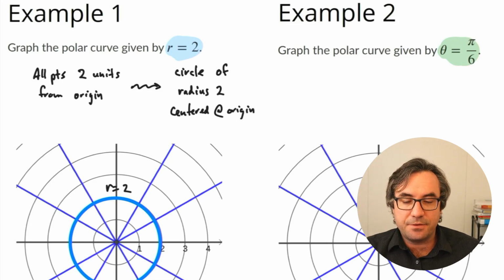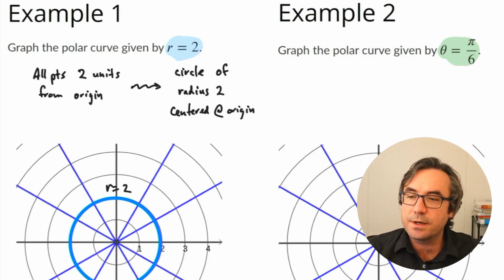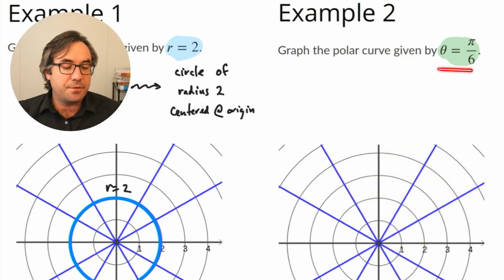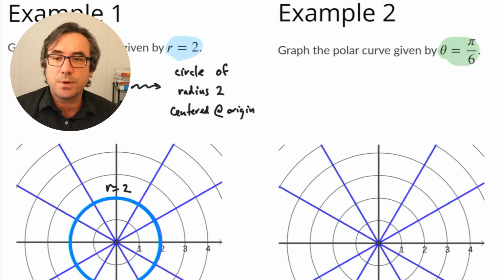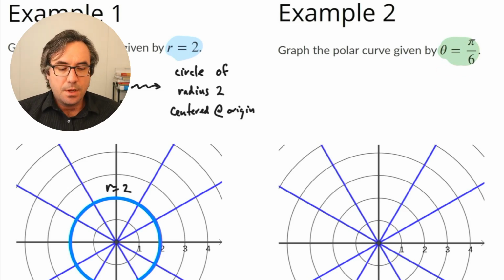When we have theta equal to a constant, ultimately it's going to be a line. But we want to start by looking at the ray for pi over 6, the directed line segment going away from the origin with this specific angle.